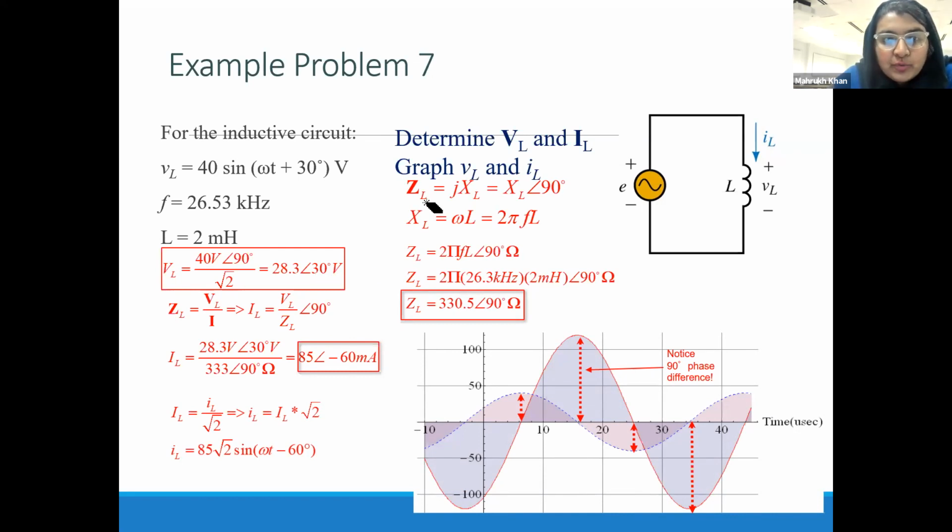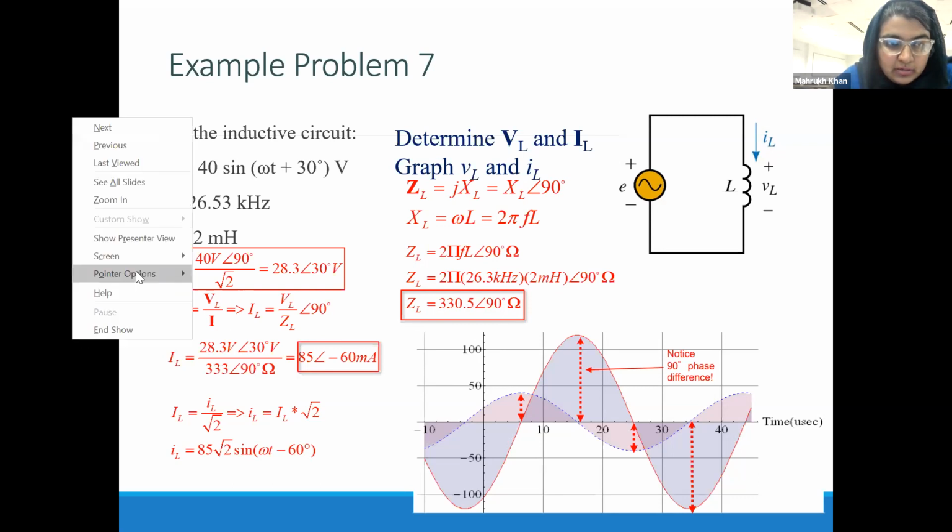Now, if you want to calculate ZL, that is JXL, you are already given 2 millihenry. You will just replace it here and you will find that this will be equal to ZL at 90 degrees. Now, if you have to calculate VL by I, you will just do VL divided by ZL and find out the current, okay? And that should be it. But I think this should be corrected.